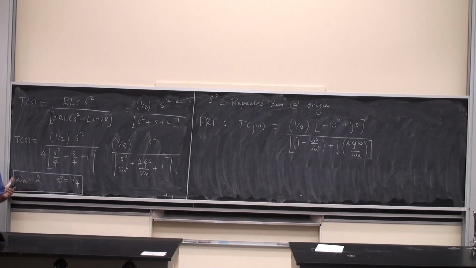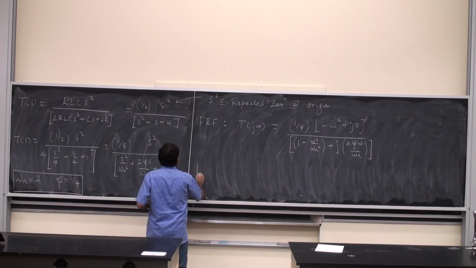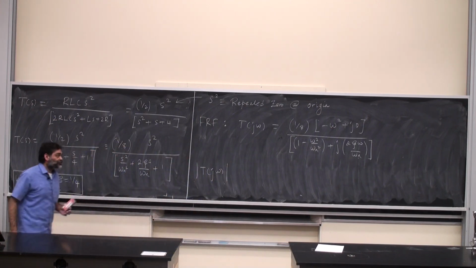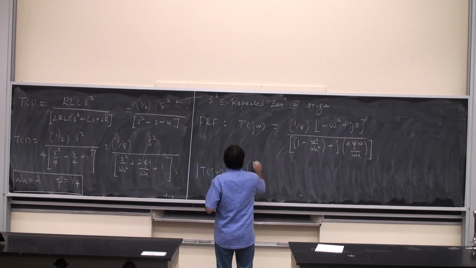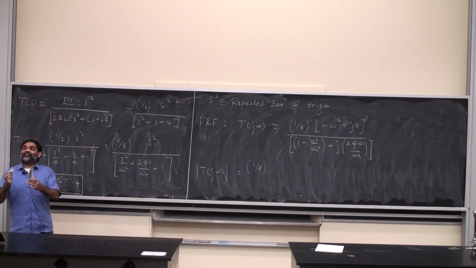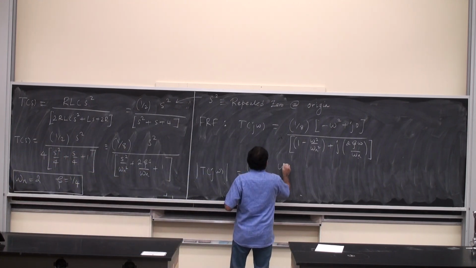Because when I take the magnitude, it's going to be the square root of the sum of the squares of these things. So the magnitude of the FRF is 1/8, still remains. Square root of the sum of the squares of the real and the imaginary part, so the negative sign vanishes and I just get omega square.